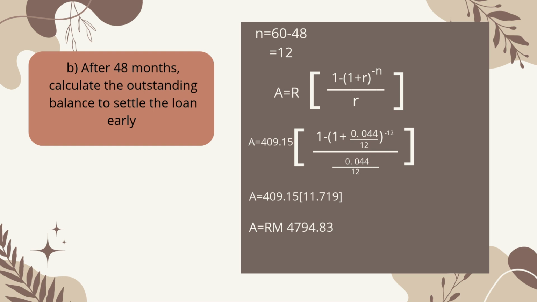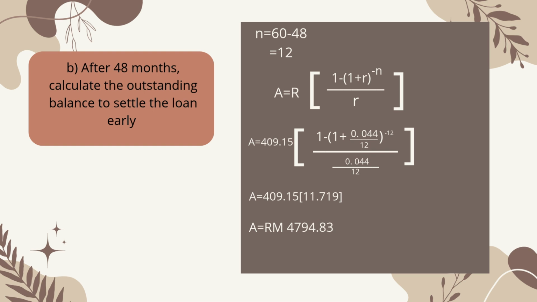So A equals R multiplied by open square bracket, open parenthesis 1 minus open parenthesis 1 plus R, close parenthesis to the power of negative N, close parenthesis divided by R, close square bracket. Now substitute the values.